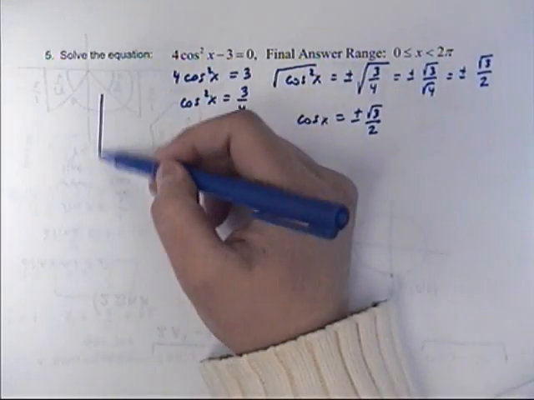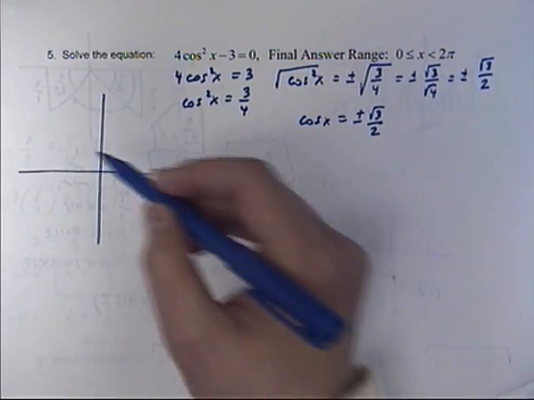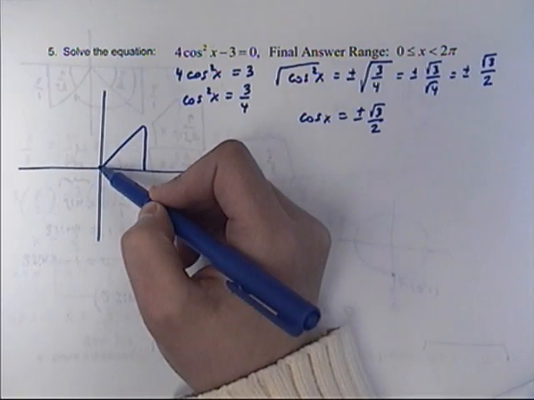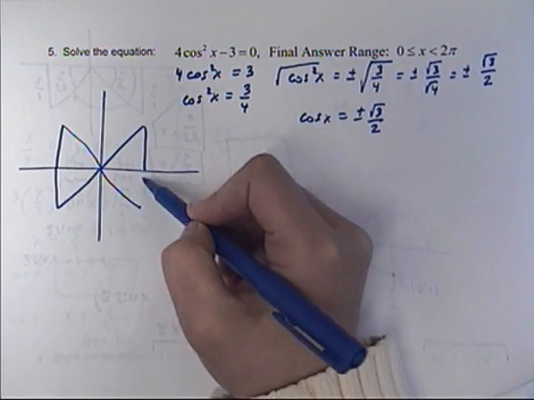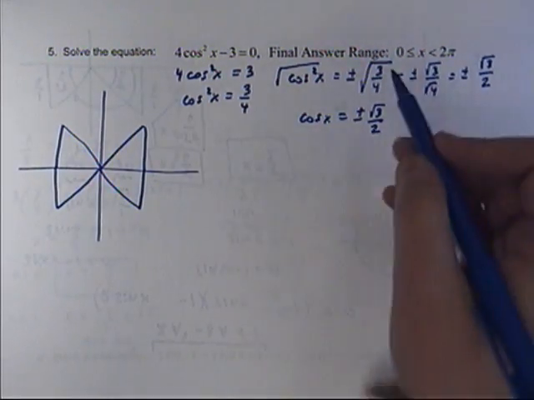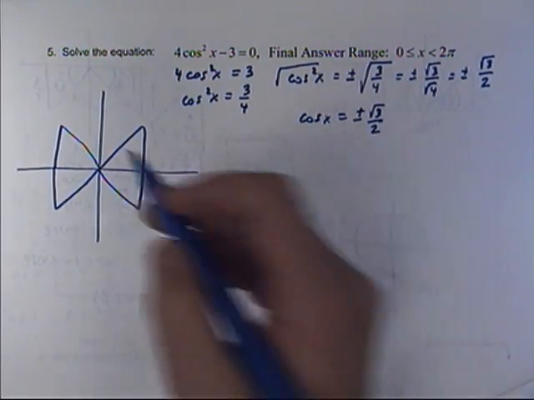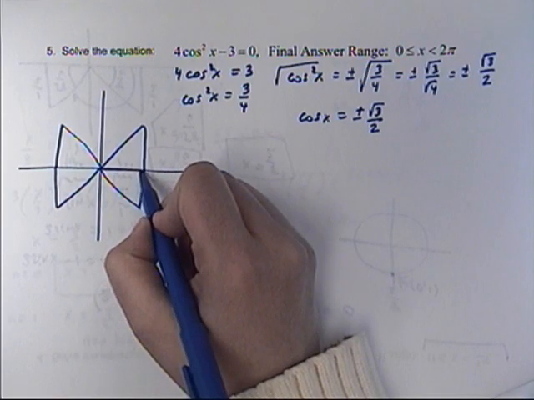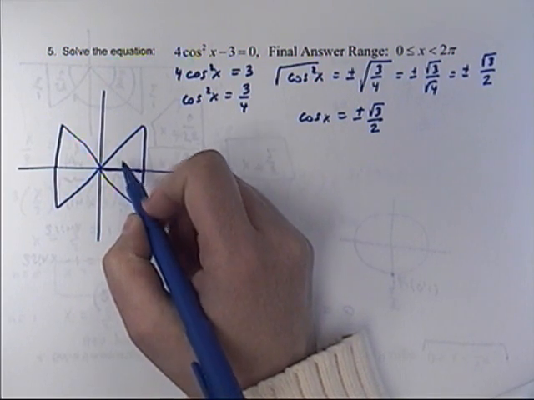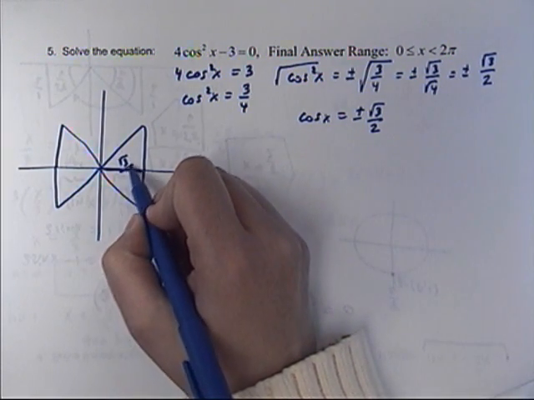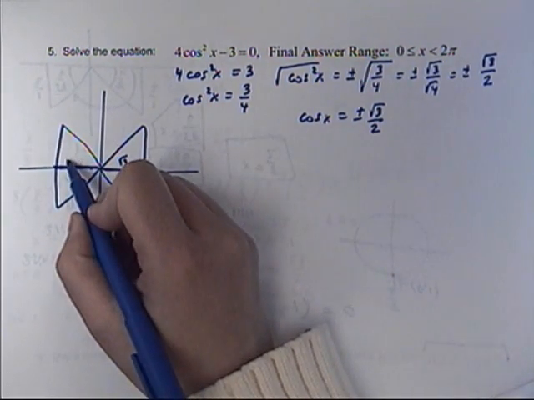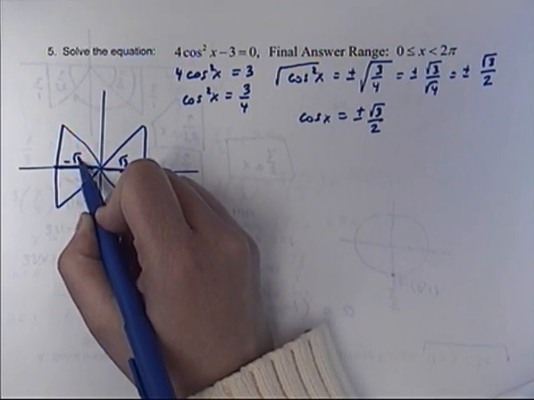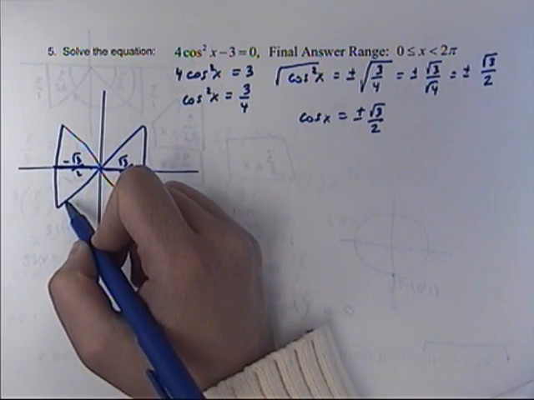So if I drew triangles in all 4 quadrants, 1, 2, 3, and 4, and said that the cosine is the square root of 3 over 2, either positive or negative, so this distance right here would be positive square root of 3 over 2 for these 2 triangles, and this distance right here would be negative square root of 3 over 2 for these 2 triangles.